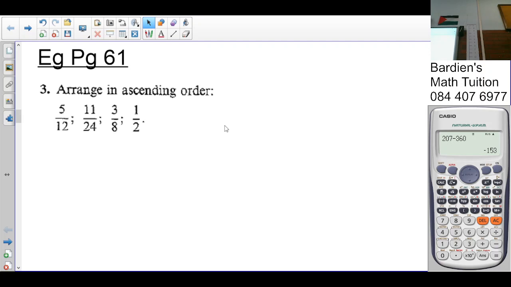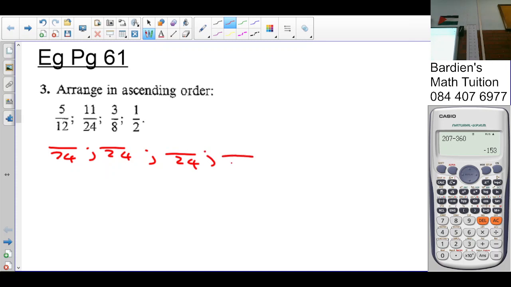So how do I know which one is the smallest? We can guess. Or what we do is we make all the denominators the same. So what is the LCM here for your denominator? 24. Can you see? 12 goes into 24, 24 goes into 24, 8 goes into 24, and 2 goes into 24.